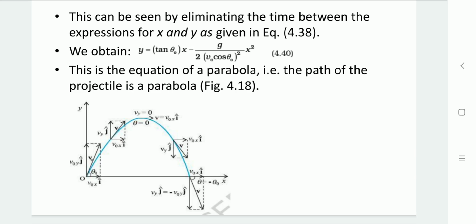When the object reaches the ground, the v0x component remains as it is, and the vy component, which is downward, is equal to the initial velocity in the y direction but opposite. So it would be minus v0y j, which creates the same angle theta equal to theta 0 in the opposite direction. So theta equals minus theta 0.